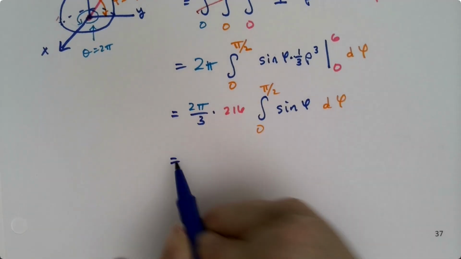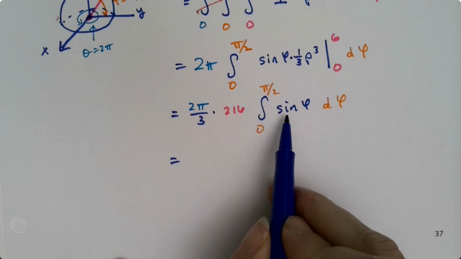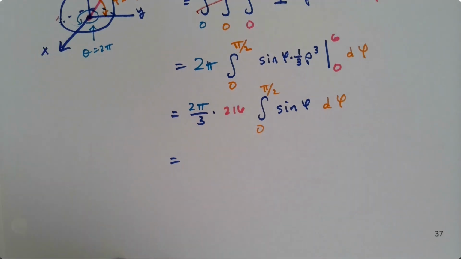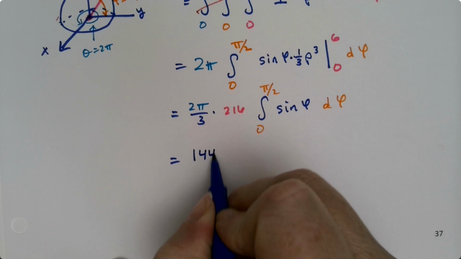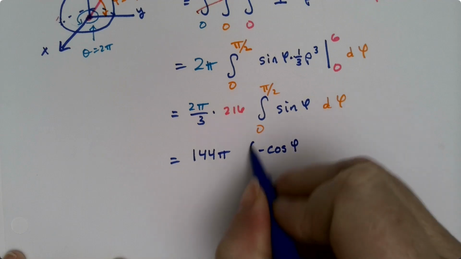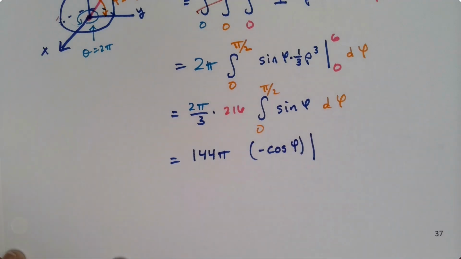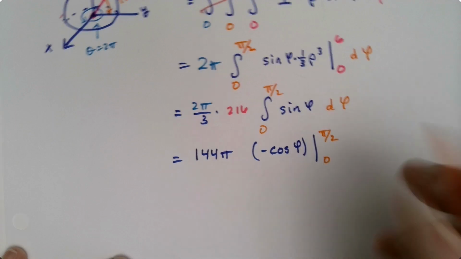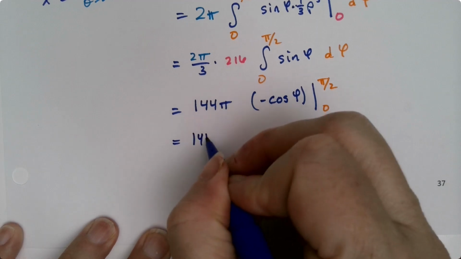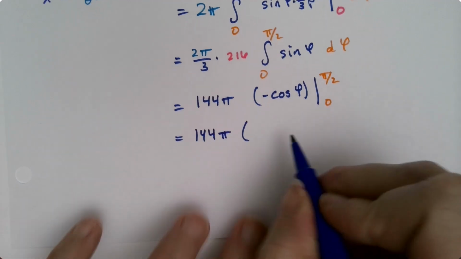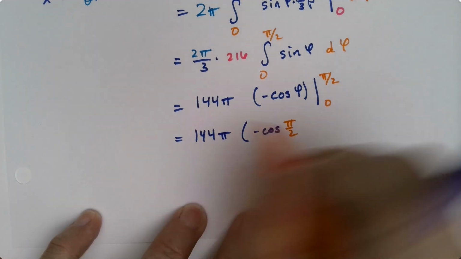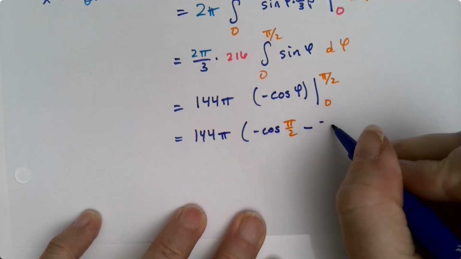Okay, so then I'm going to integrate sine of phi, which is negative cosine of phi. And this, by the way, turns out to be 144 pi. All right, so 144, and then this is negative cosine of phi from 0 to pi over 2. Okay, so that's 144 pi, and then negative cosine of pi over 2 minus negative cosine of 0.